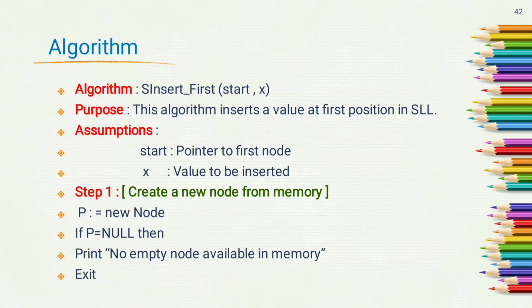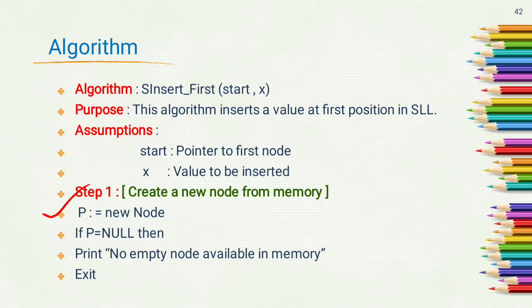It requires two parameters, start and x, where start is a pointer to the first node and x is the value to be inserted. Next we have to write purpose. This algorithm inserts a value at first position in a singly linked list. Here we have taken two assumptions. That means we are assuming start is a pointer which stores the address of the first node and x is the value which we want to insert in the linked list.